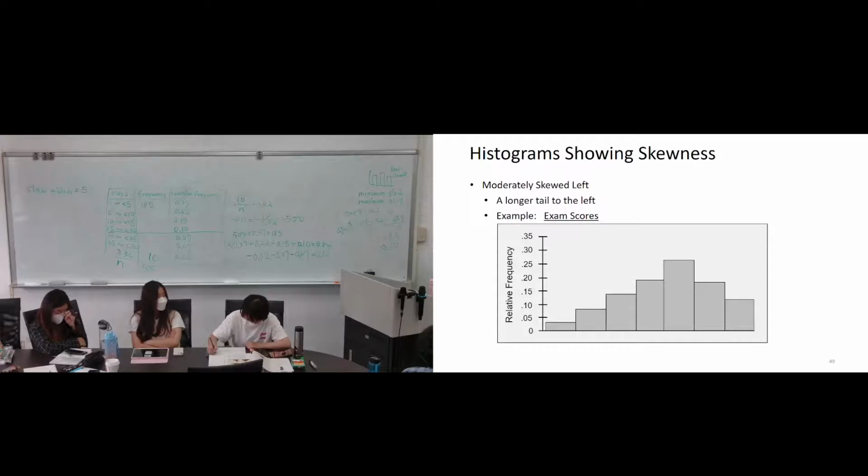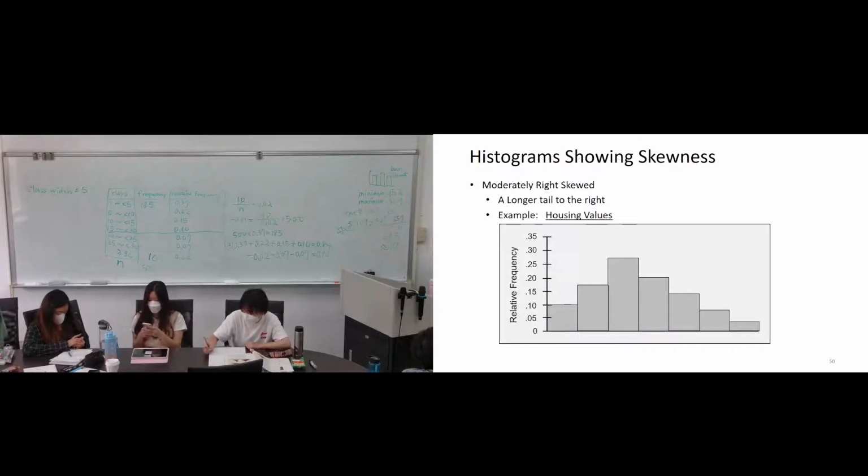The exam scores show us that the left tail is longer than the right tail. So we say that the exam scores are moderately skewed left because the scores have a longer left tail than the right tail.